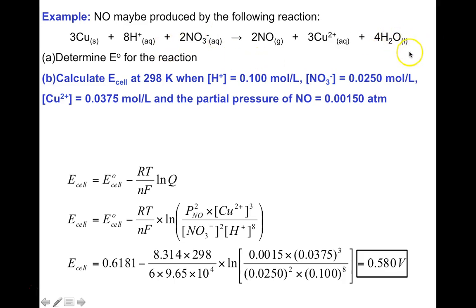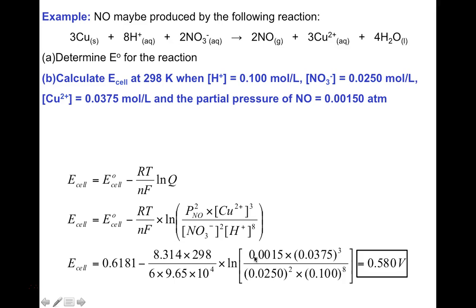We can ignore pure liquids and solids, so we just have to deal with the NO and the copper 2+ as our products, and then we've got the hydrogen ions and the nitrate anion as our reactants. So here we are.